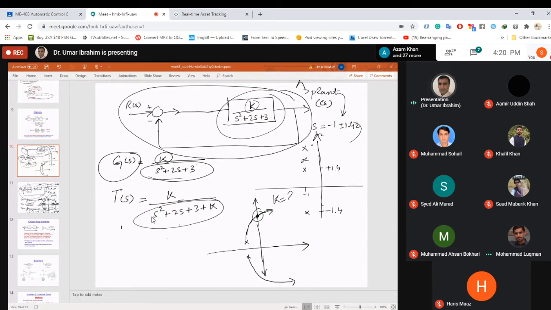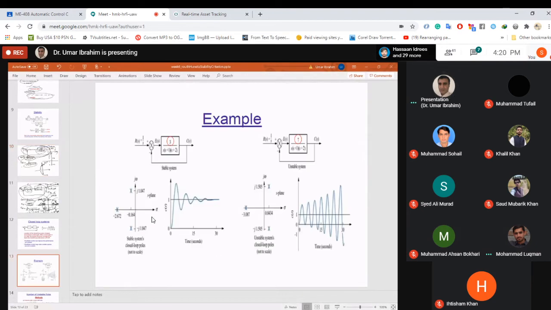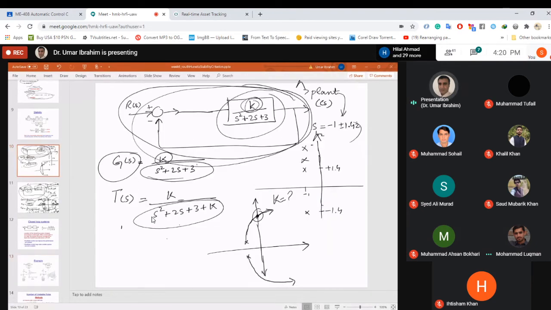So now, what other way can we tell whether this closed loop control system is stable or not? It depends on the value of the numerator of the feed forward part. Let's suppose you do not know root locus.